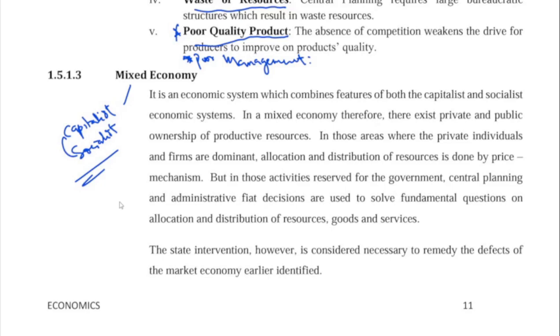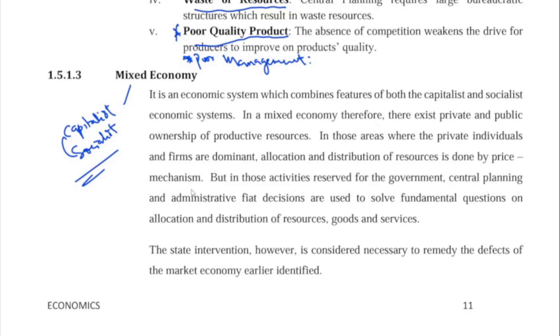State intervention, however, is considered necessary to remedy the defects of the market economy earlier identified. So this mixed economy is just letting us know that the two of them are involved.